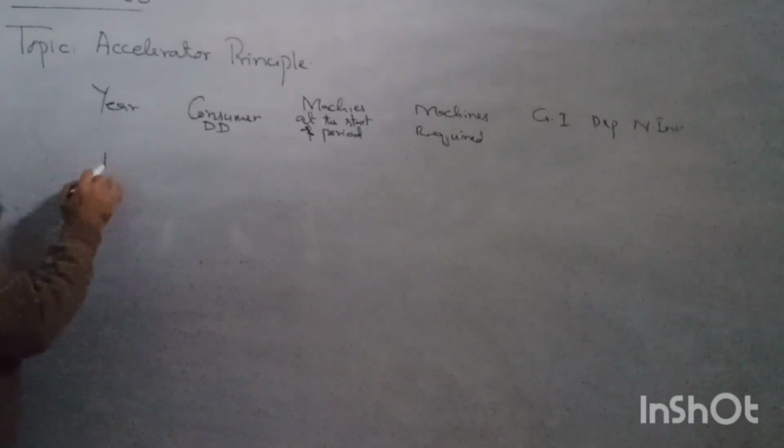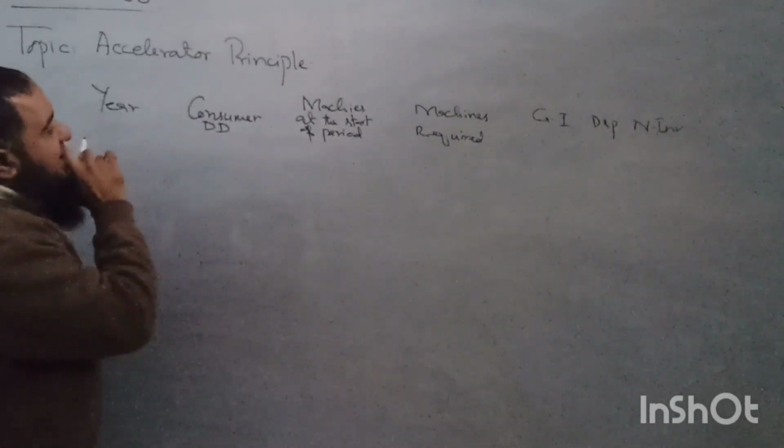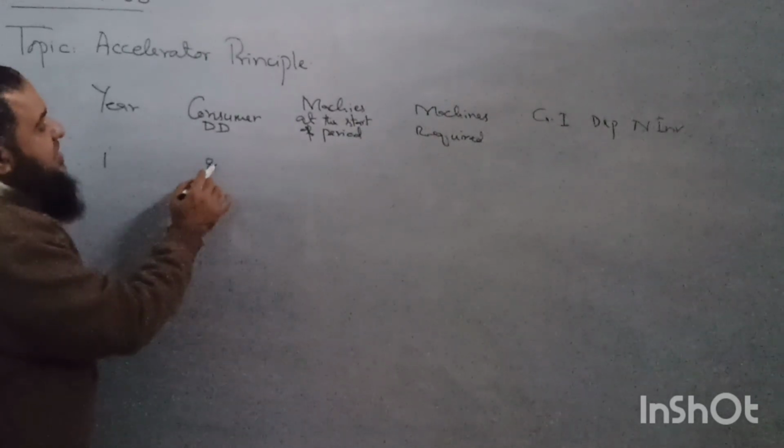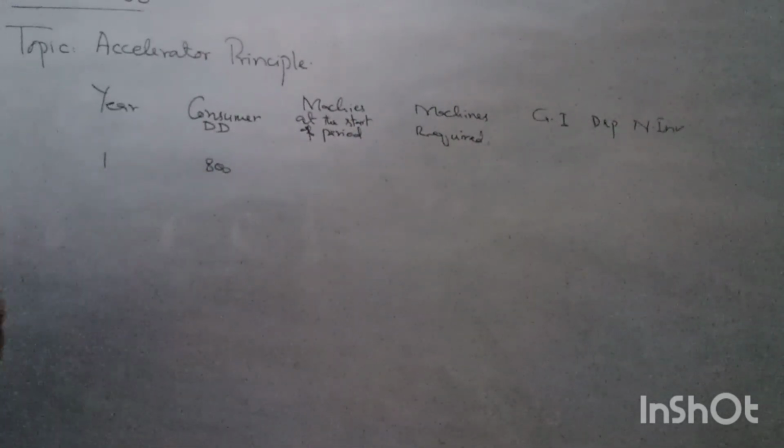In year 1, the consumer demand is 800. Assume that one machine is able to produce 100 units of output. So how many machines are required? 8.